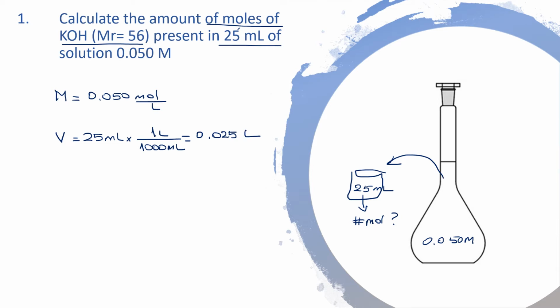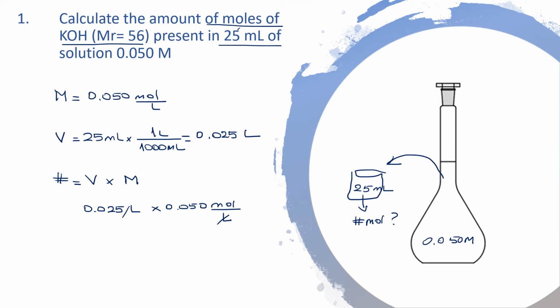And the number of moles is what we need to calculate. The number of moles is equal to the volume times the concentration, or molarity. So the volume is 0.025 liters, times the molarity, that is 0.050 moles per liter.